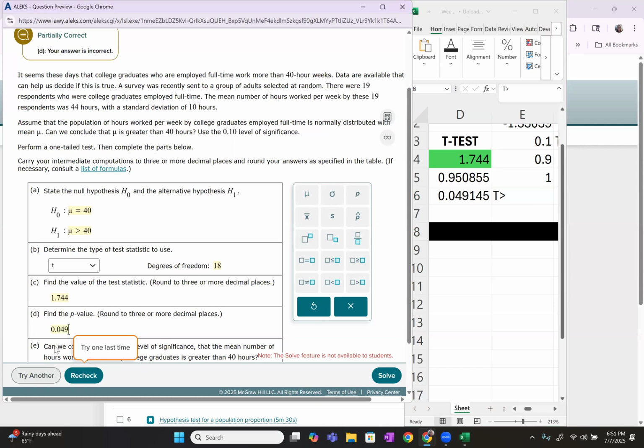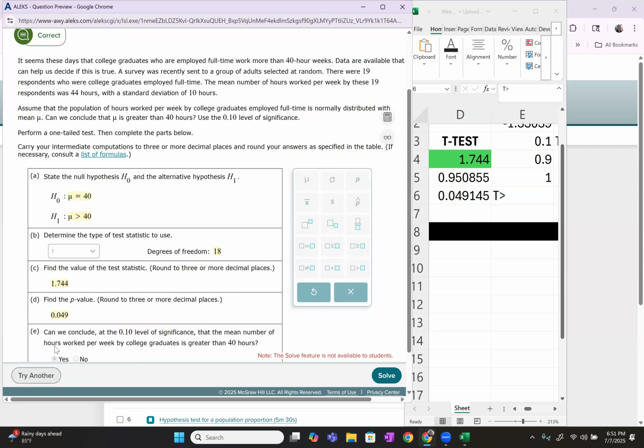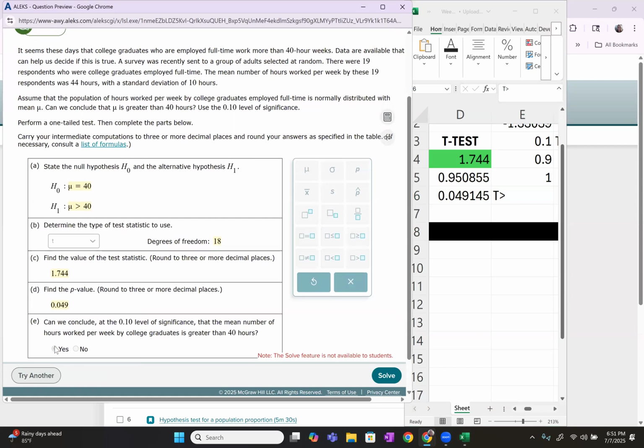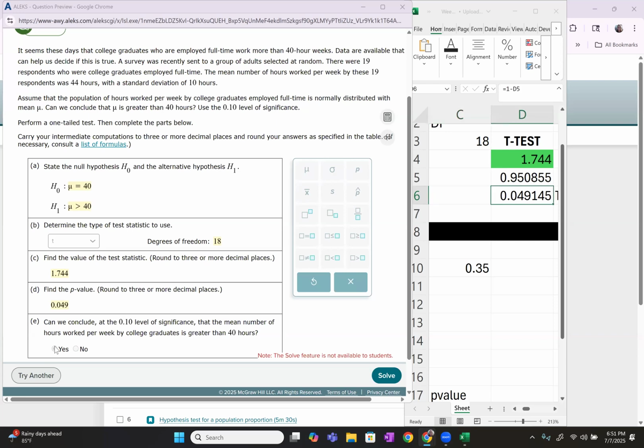Is it 0.049? Yeah, let's try that. How did you get that number though? 1 minus. All you have to do here in this bottom part is say equals 1 minus the top number.